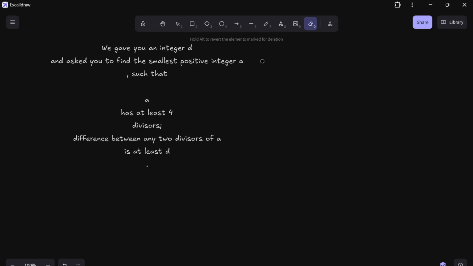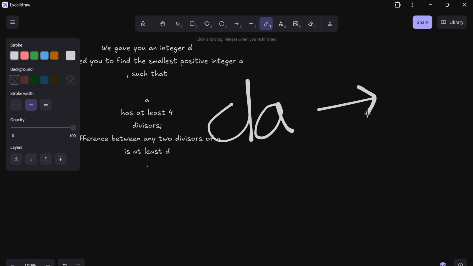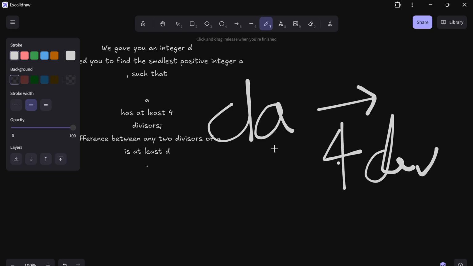Now, what is the problem actually asking? There is a given number d. We need to find the number a that has at least 4 divisors. But how to find the 4 divisors?